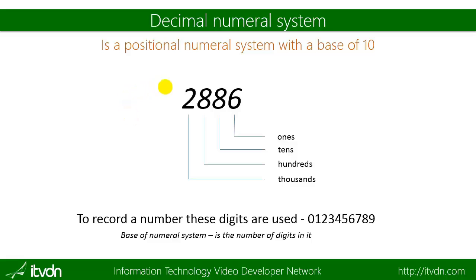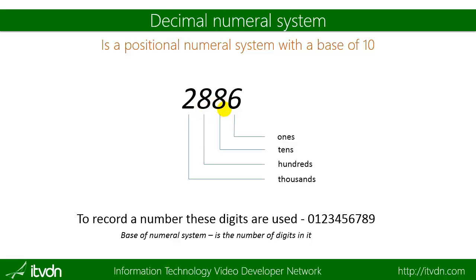So by adding all these values up, we'll get 2,000 plus 800 plus 80 plus 6, which is equal to 2,886. So you see the value of 8 here is in the hundreds, meaning 800. The value of 8 here is in the tens, meaning 80. Although it's the same number, the position determines its value.